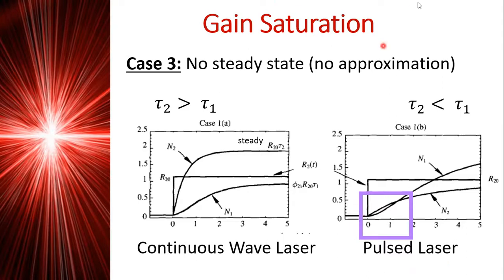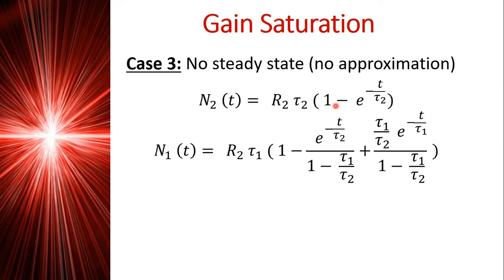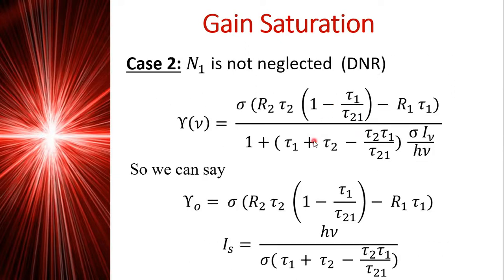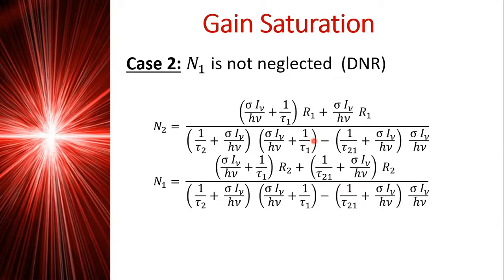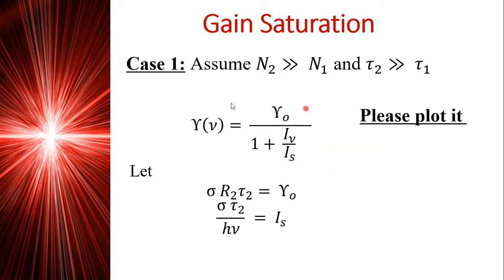Now we have answered together the first question, which is, do we have an infinite gain? No, we don't have an infinite gain. We have a finite gain. We have a saturated gain. But if you remember, by the end of the previous part, I asked you another important question.